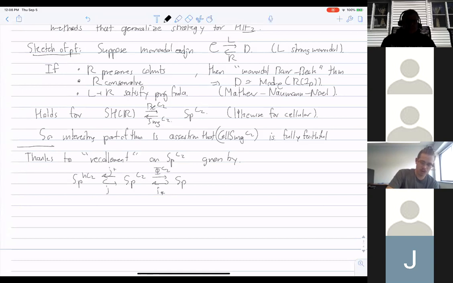And I've already discussed the j upper star, j lower star adjunction. Well, the general theory of recollement, whatever those are, means that you can deal with the geometric and Borel parts independently, just like we did in the special case of HF2.